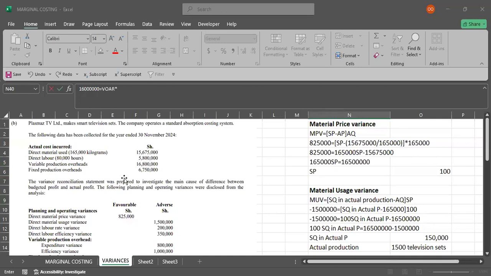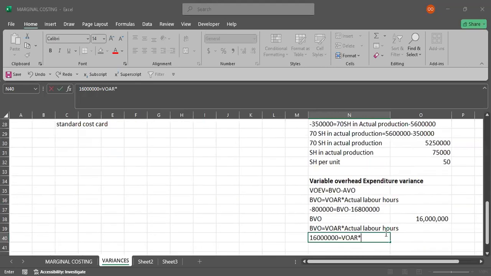Are the rest able to see the actual labor hours under this table? Our actual labor hours is equal to 80,000. So we multiply by 80,000. Great.